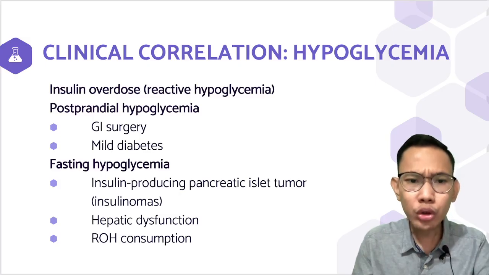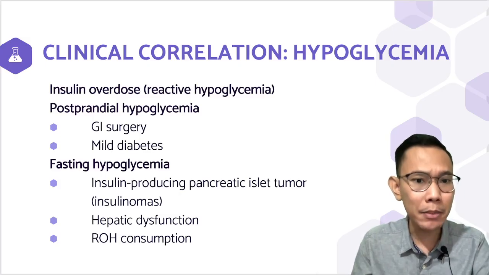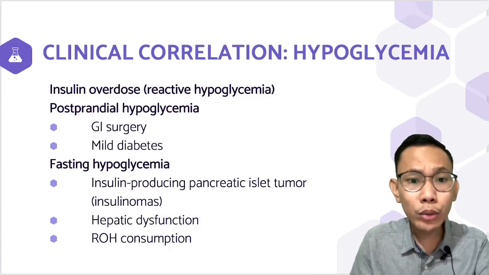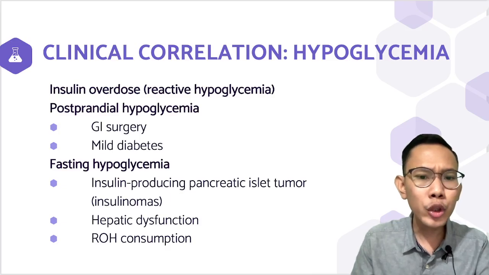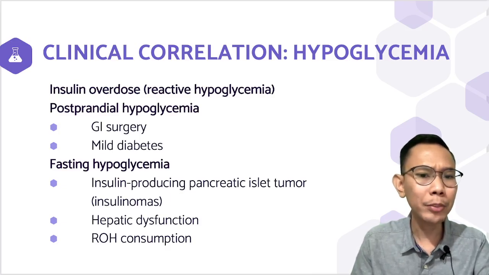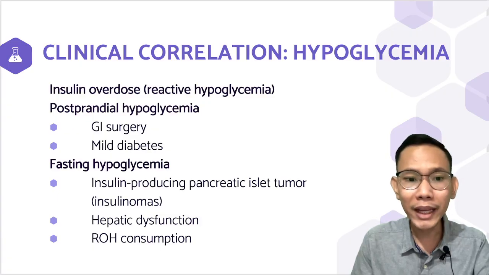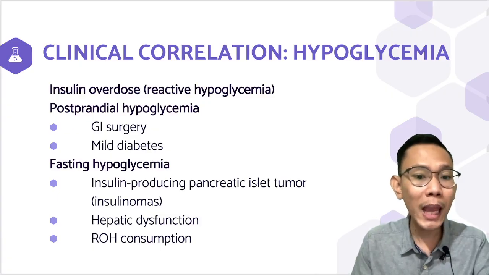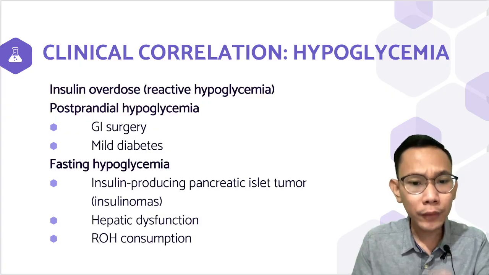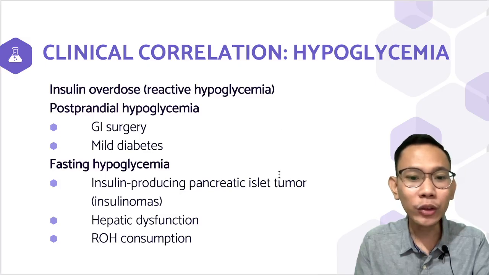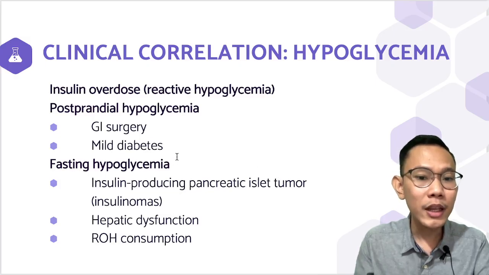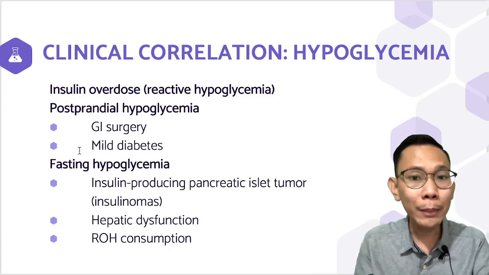There are a lot of conditions that are related to your hypoglycemia. It could be an insulin overdose, or a reactive hypoglycemia, or postprandial hypoglycemia brought about by a GI surgery or a mild diabetes, or it could be a fasting hypoglycemia resulting from your insulin-producing pancreatic islet tumor, or your insulinomas. So therefore, you are creating more insulin resulting in hypoglycemia.